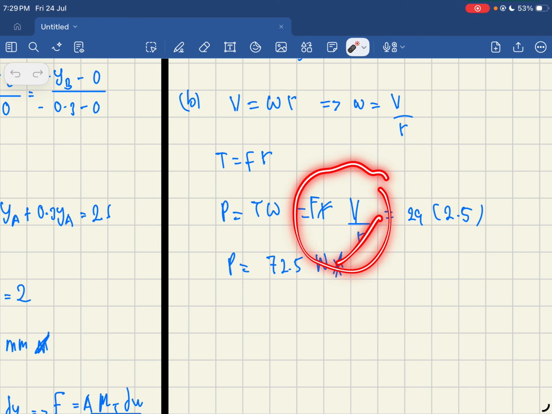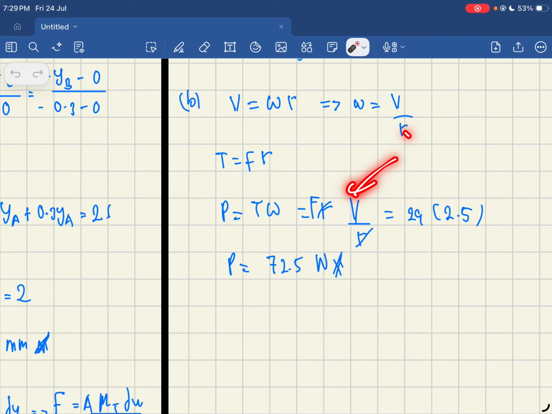You can cancel out the value of R. Thus we'll be left with P equal to F times the linear velocity. You need to take note of it, and you get 72.5 watt.